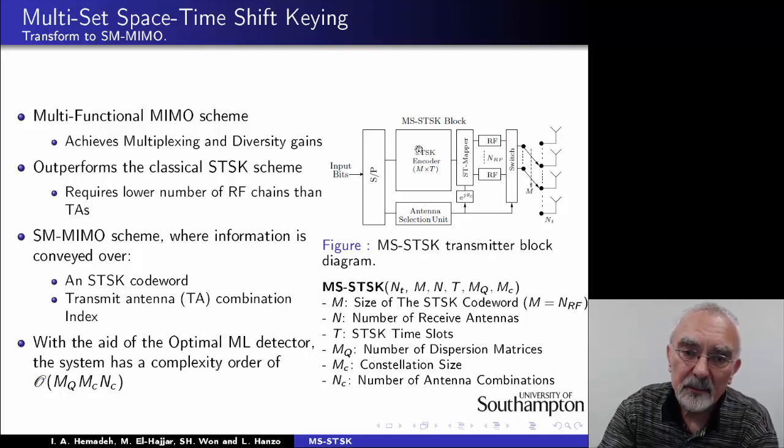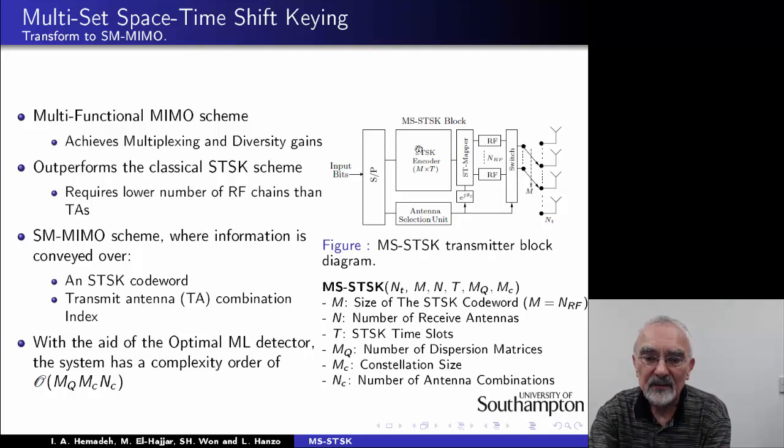So multi-set space-time shift keying fits into this family, and the idea is that we have essentially two different tunnels, if you like, in the transmission chain. We've got the space-time shift keying scheme, and we've got an antenna selection unit, and of course we can combine this with potentially arbitrary modulation schemes as well.